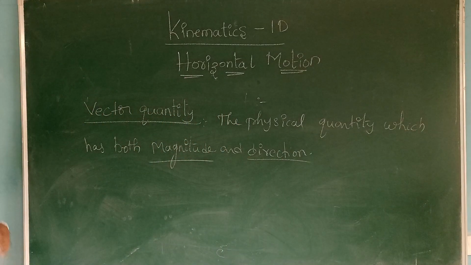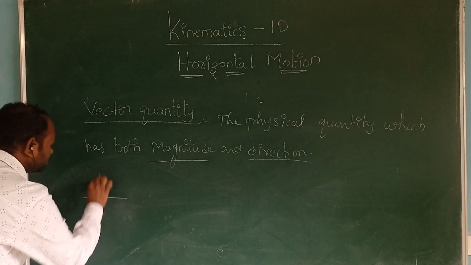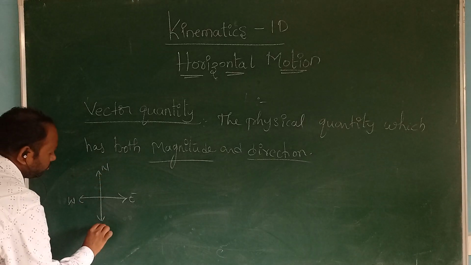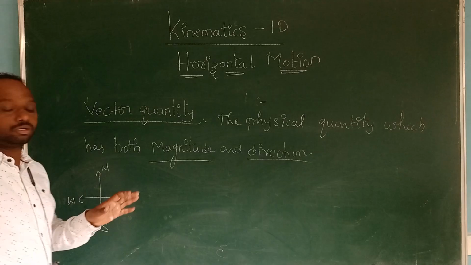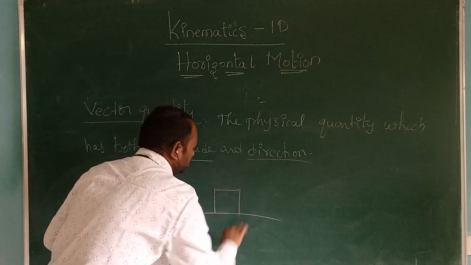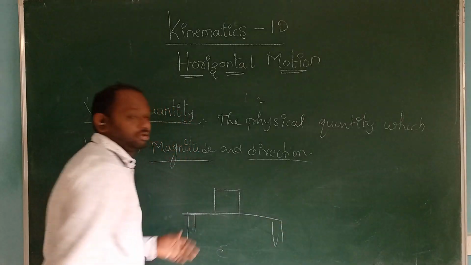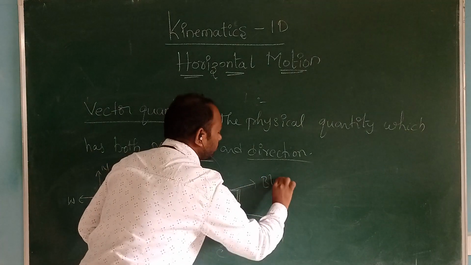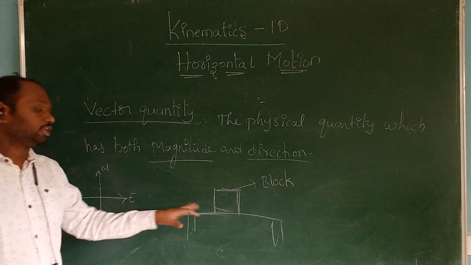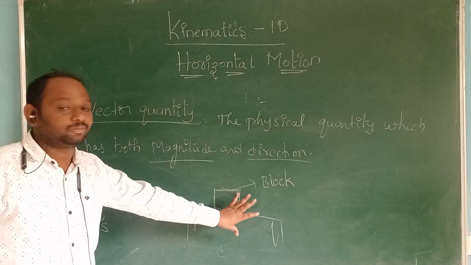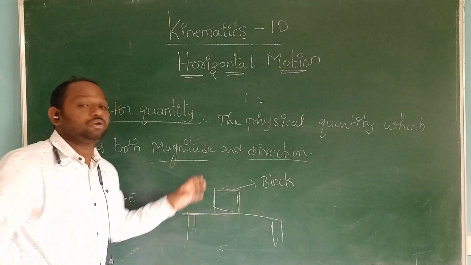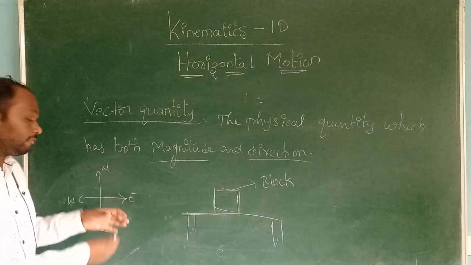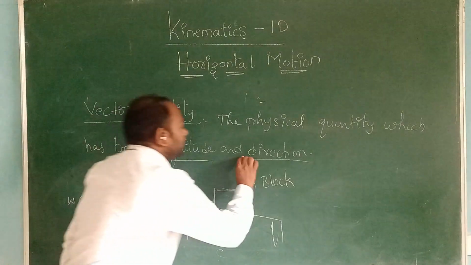For example, how many directions are there in the world? We have four directions: east, west, north, south. Take a table and keep one book on the table. My friend tells me to apply some force. Force can be applied, but direction is also important.